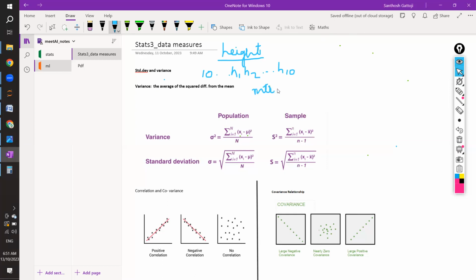Fine. Now when we do the variance of this, what I'm doing here is squaring. You will get some mean of this. Let's say the mean is hm, for all these 10 values h1, h2, h3.